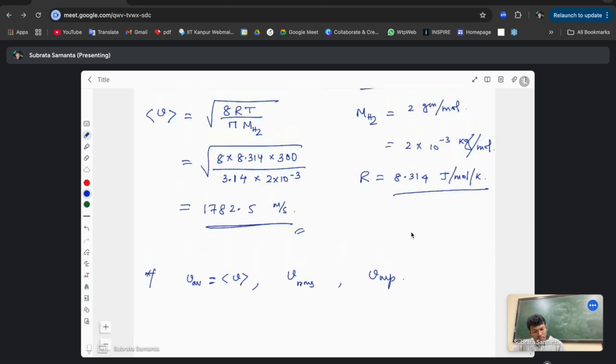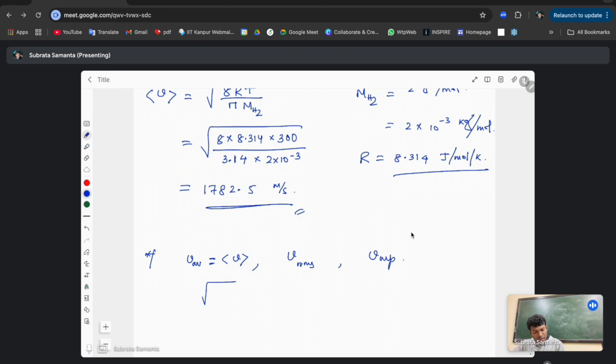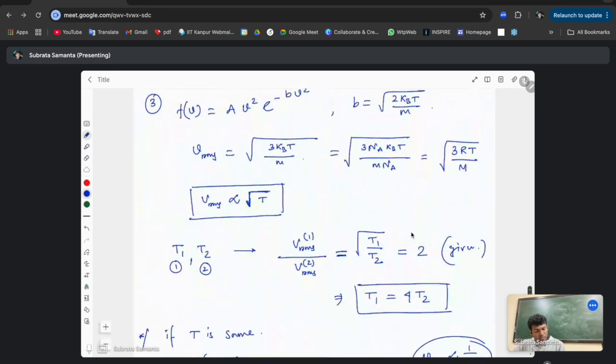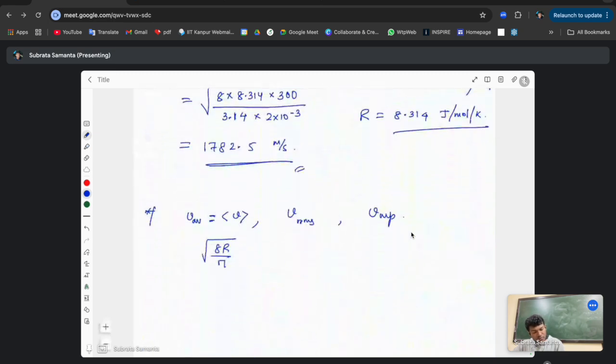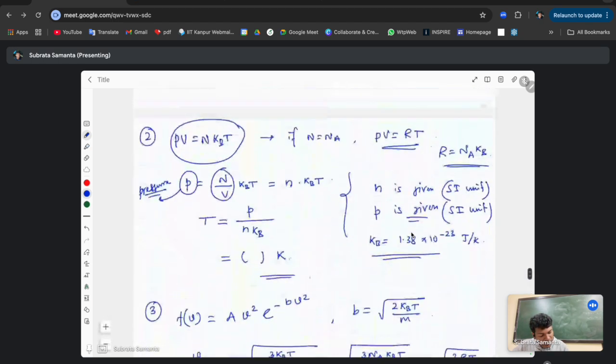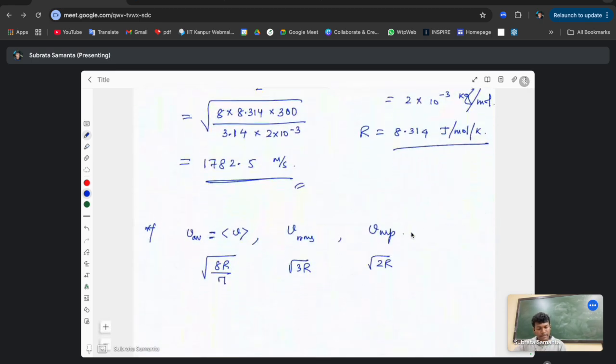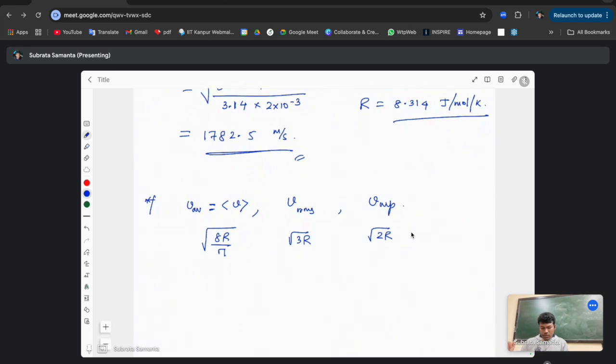So v average is basically the square root of 8R over pi times T over M. The v RMS is the square root of 3R, and this most probable is the square root of 2R. Let's check. Yes, v MP is equal to the square root of 2kBT over m, so 2R. Now you just compare.